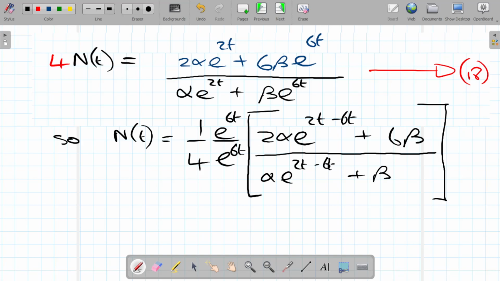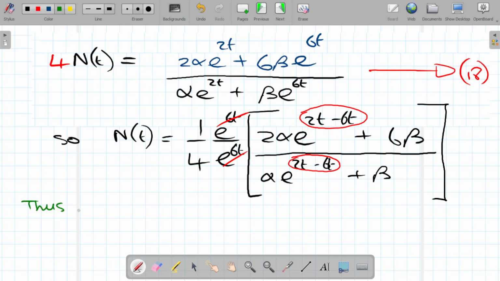Those two cancel, and these simplify to minus 4t.